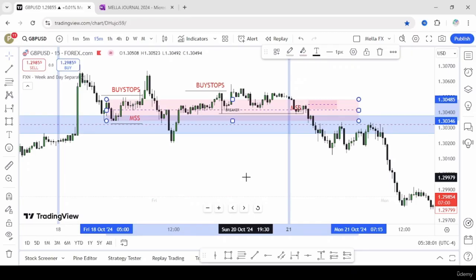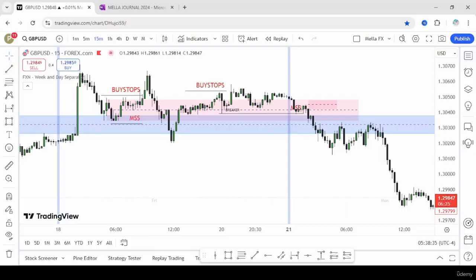Forward testing is when you go into a live chart, not execution, but a chart which is printing, which is live, and then you get these ideas, you see the strategy manifesting, and then you try to enter it. Yes, that's it for this lesson, and see you in the next one.